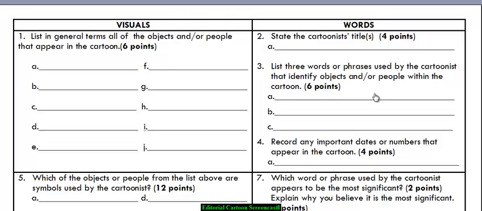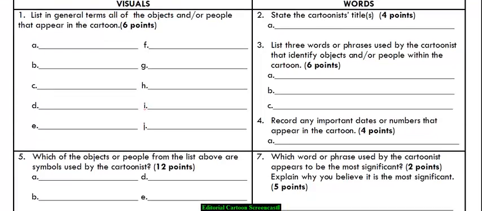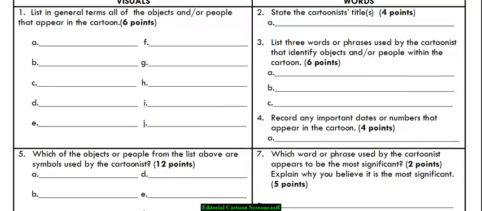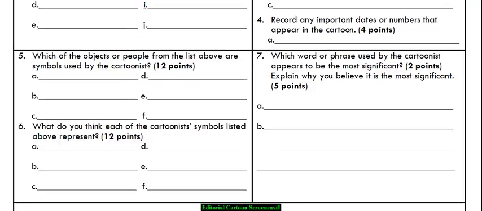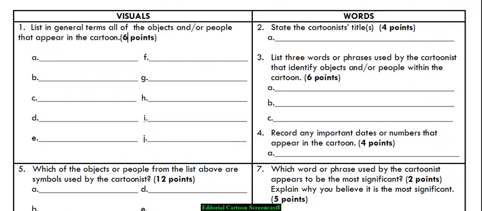So you should notice that the left-hand column labeled Visuals is going to deal with questions that all address the visual aspects of the cartoon. So question number 1, question number 5, and question number 6 will all address the visual aspects seen in the cartoon.